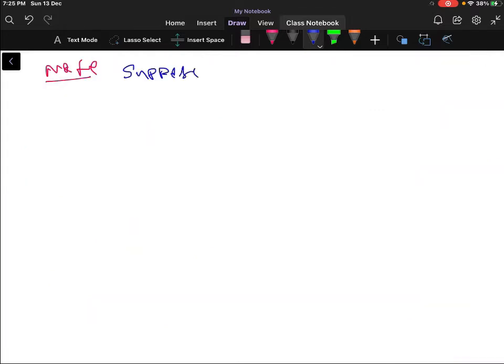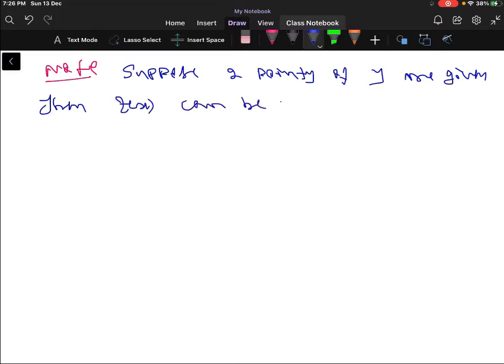Suppose 2 points of y are given, then f of x can be represented by a polynomial of degree at most 1.